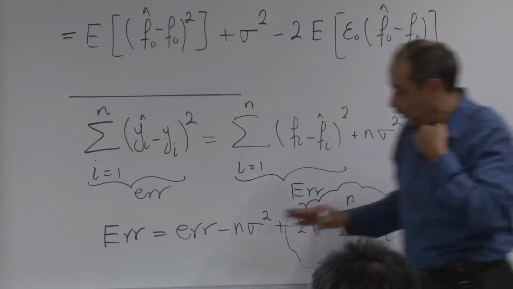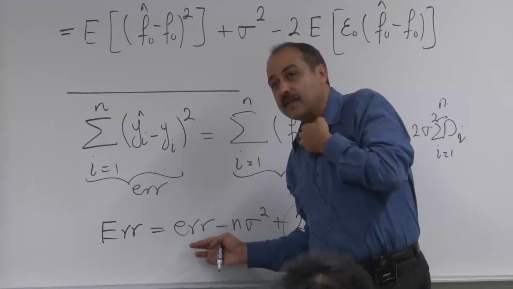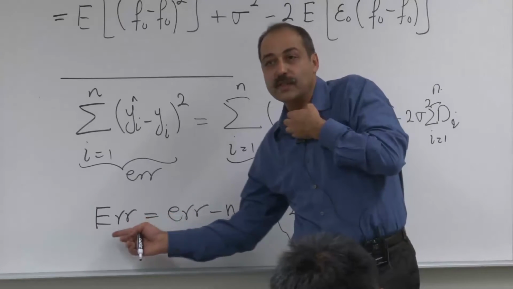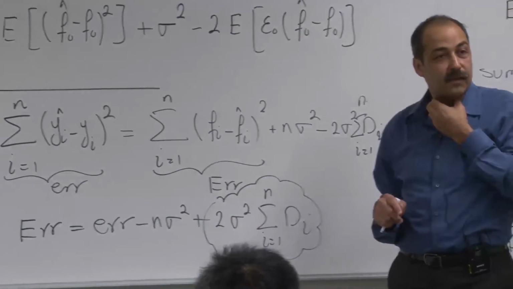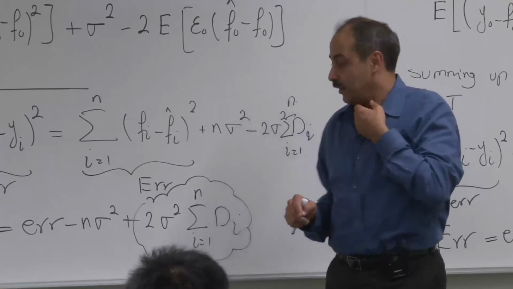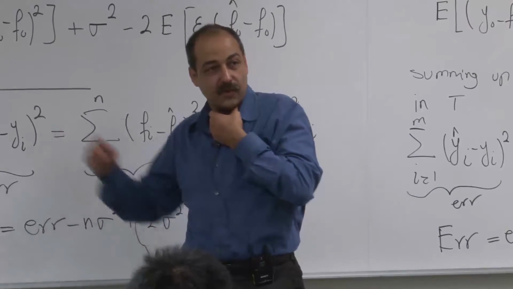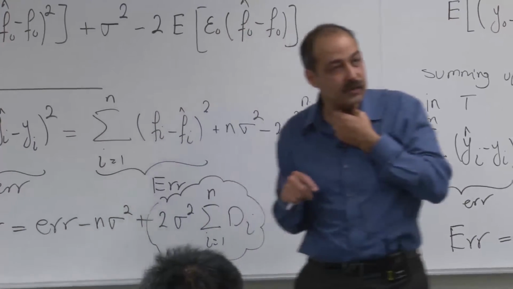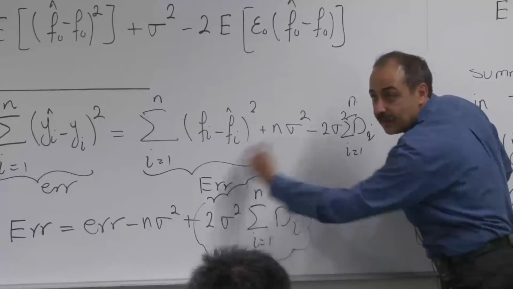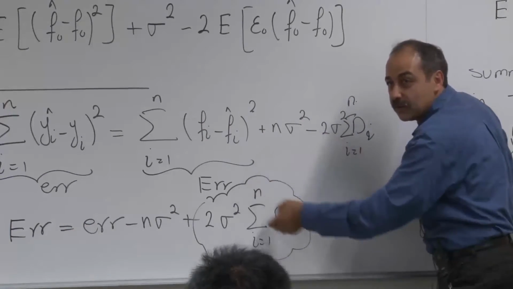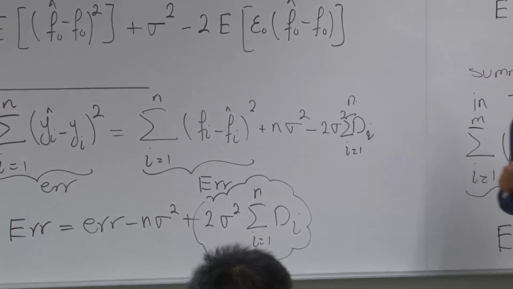So in this case, our empirical error is not a good estimate of true error. It's always biased downward, it's less than the true error always. So to have the true error, you have to add a component to this, and this component has to do with the flexibility of the model.